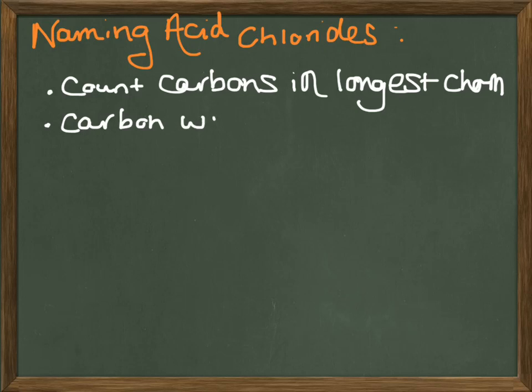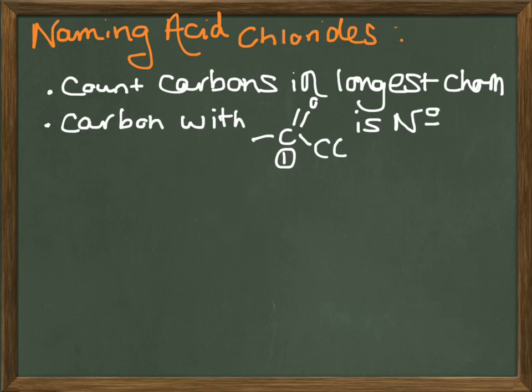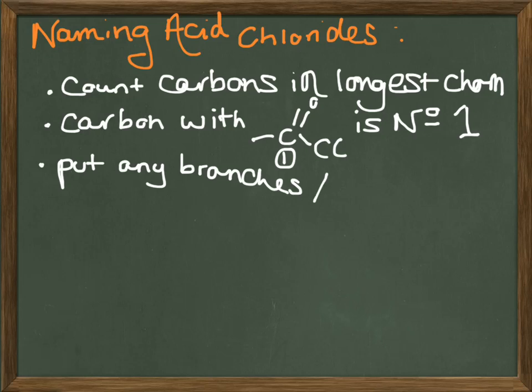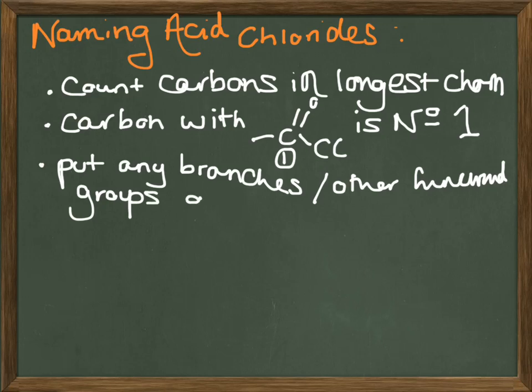Carbon number 1 is, just like with carboxylic acids, the one with the C double bond O and the Cl on it, where the acyl chloride group is. And so that means that all your prefixes, any branches, hydroxyl groups, any other bits on the molecule which are not the acyl chloride group, you need to position relative to the acyl chloride carbon.